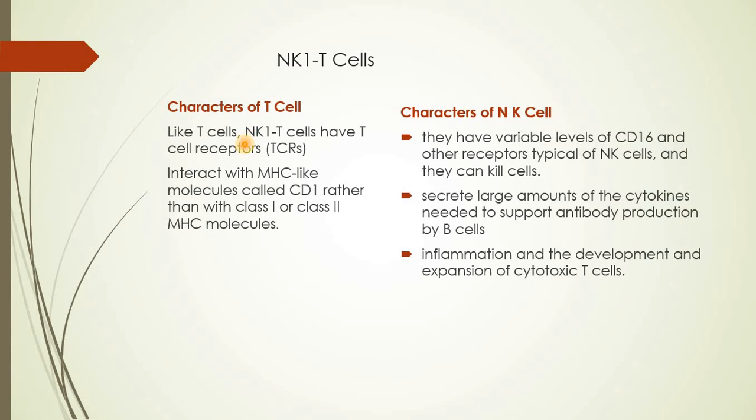The first and foremost important character is, as in the case of T cells, you know that the receptors are present and those receptors are called T cell receptors or TCR. Likewise, in NK1 cells there is also the presence of TCR-like receptors. So this is the identification, or you can say the condition, which is very similar between the NK1 cells and the T cells.